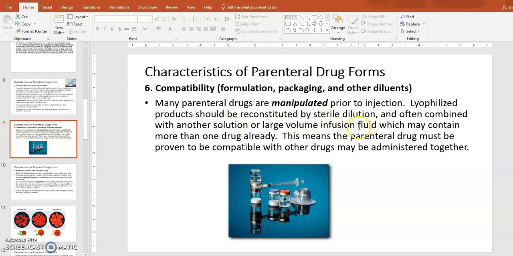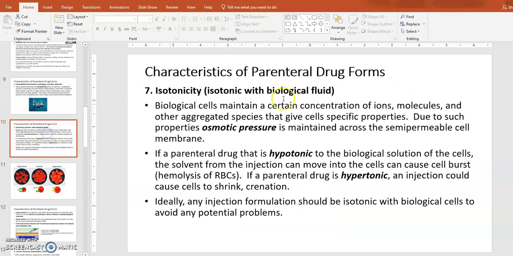We're talking about this. And especially large volume drugs, infusion fluid may contain more than one drug already. Are those drugs compatible with each other? So that is something you need to test in terms of the safety of your drug.